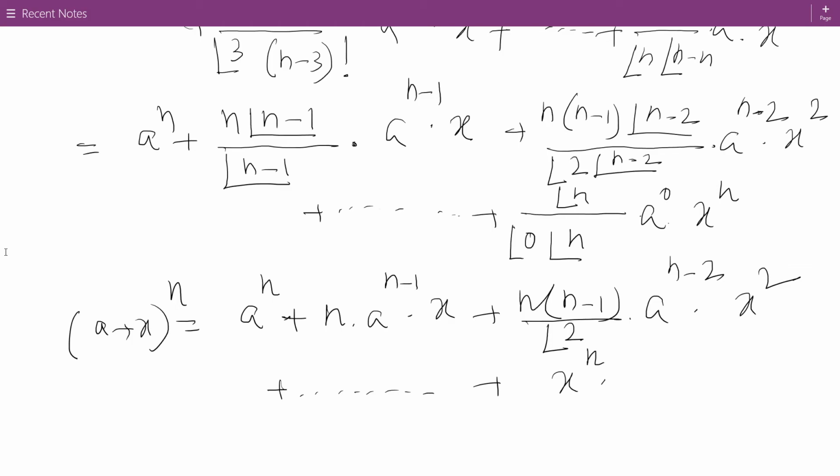Clear? This is the general expression of binomial theorem.